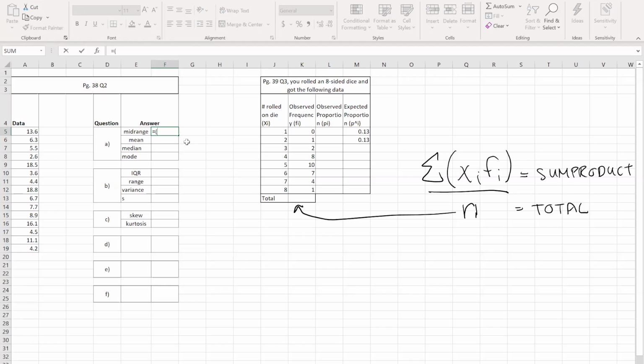So it's the max plus the min divided by 2. And remember, you've got to include those extra parentheses around the numerator so that you're not just dividing the minimum by 2.